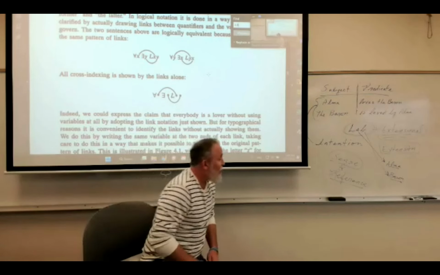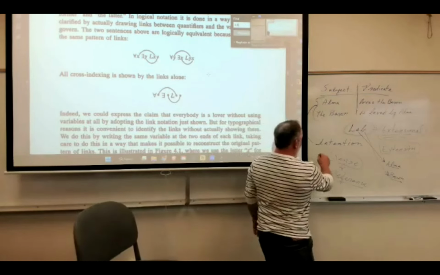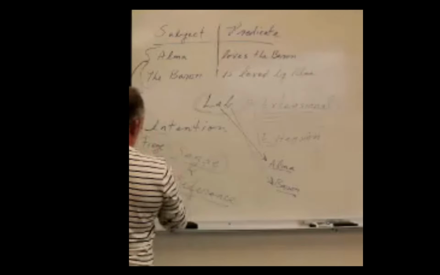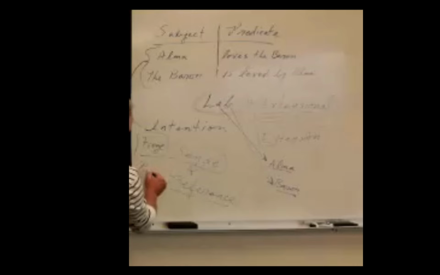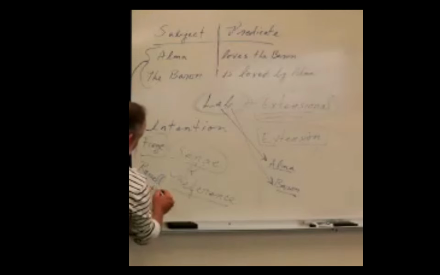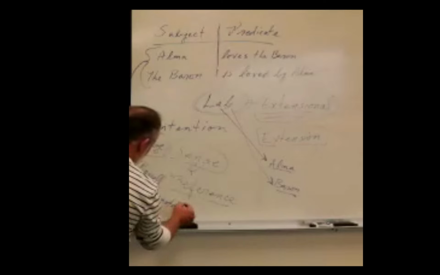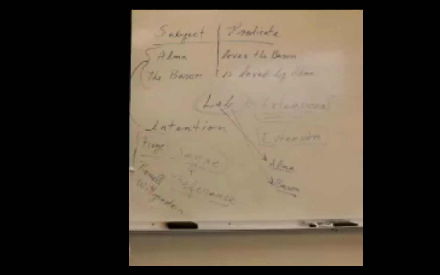Now, in the early 20th century, working off of Frege, and of course, Russell was very influenced by Frege, and then Wittgenstein was the student of Russell. They're all very much influenced by Frege and trying to leverage sense and reference.